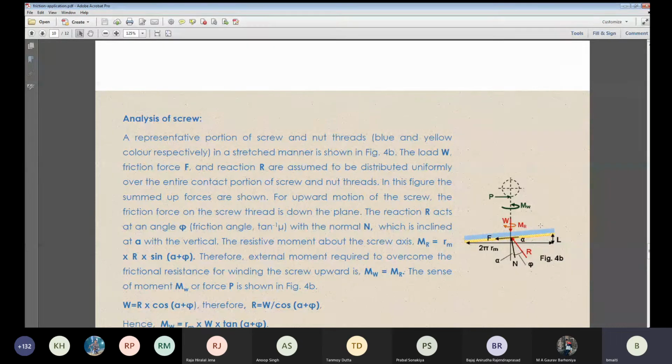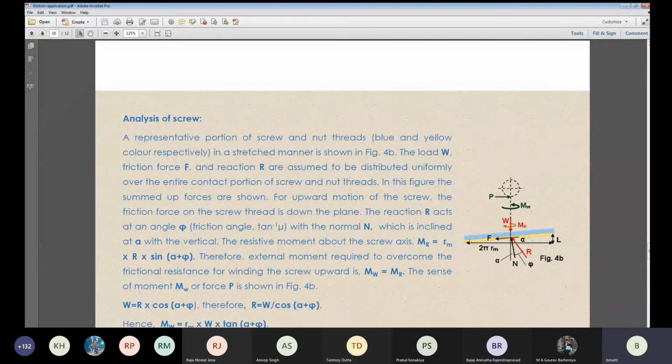I have stretched it, so one end is the starting point and the other is the ending point. Why is the ending point raised? Because by that time it has gone up by a value P, which is the pitch.